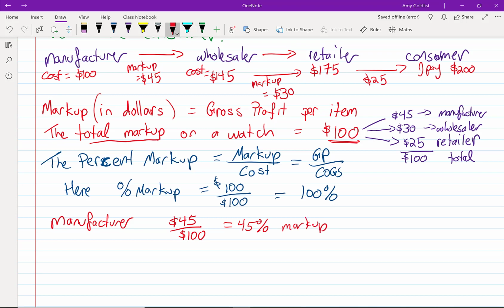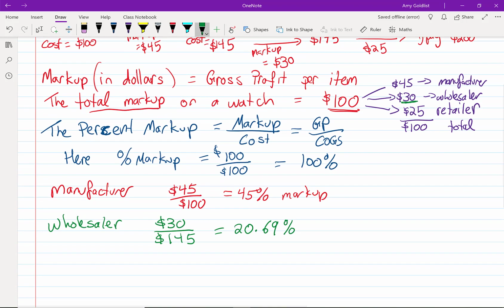When we go to the wholesaler, let's just change colors there because why not? The wholesaler made $30, right? But they also paid more. They paid $145 because their cost was more. That's going to be 20.69% markup.